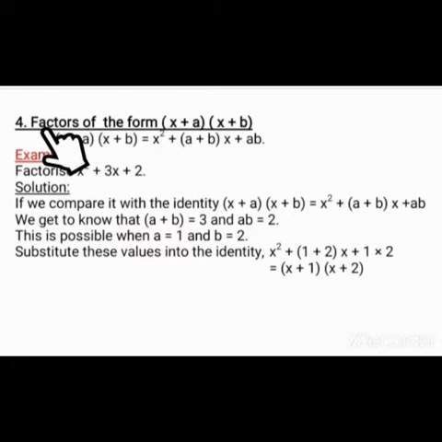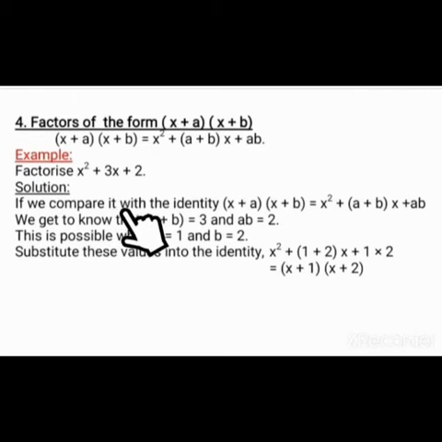Next, fourth one, factors of the form (x plus a) and (x plus b). The formula: (x plus a) multiply (x plus b) is x square plus (a plus b) multiply x plus a multiply b. Now example, x square plus 3x plus 2.